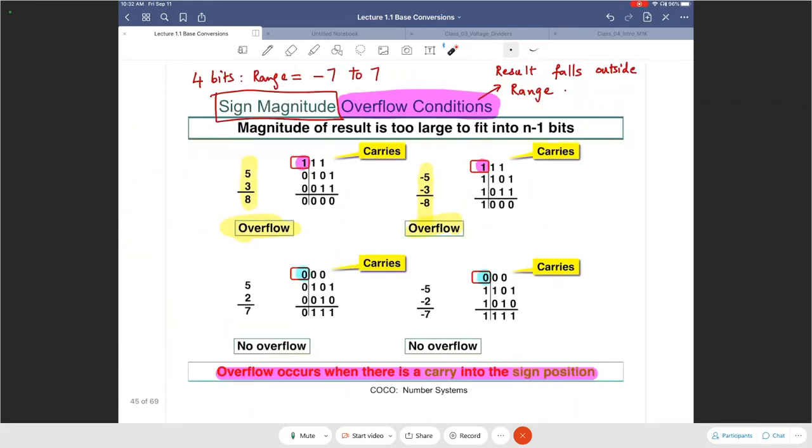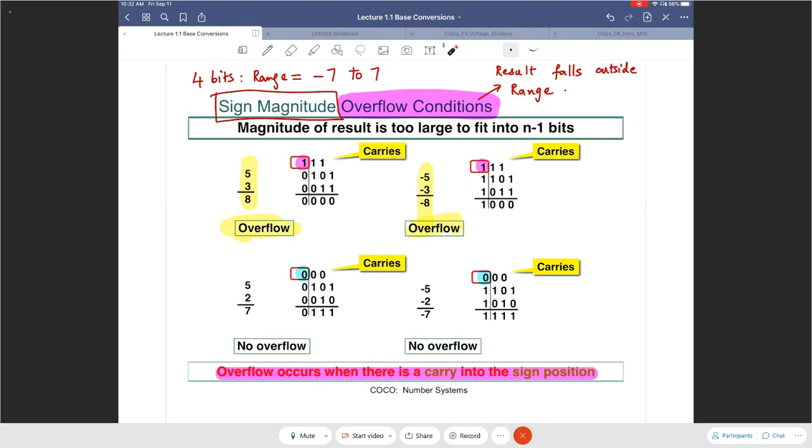We also looked at overflow conditions, meaning if you are adding two numbers or subtracting two numbers, because we have a limitation on the number of bits we use to represent signed numbers, our result of addition or subtraction could fall outside the range of the numbers that we represent using n bits.